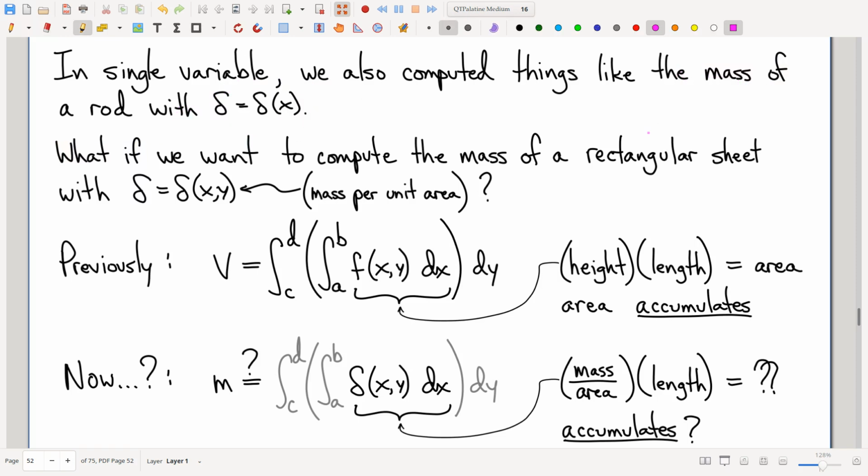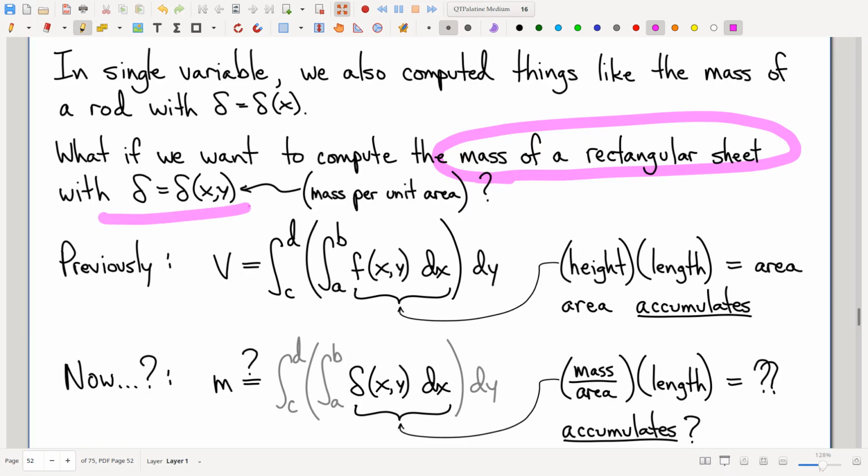One could speculate then. Let's suppose we have a distribution of mass distributed over a two-dimensional region, and instead of computing the volume over that rectangular region, maybe we want to compute the mass in that rectangular region. And again, with a density given. Now this time, of course, density means mass per unit area, because it's distributed over an area.